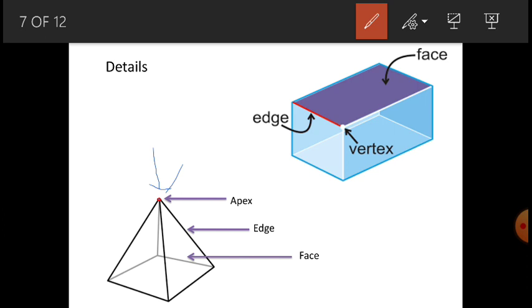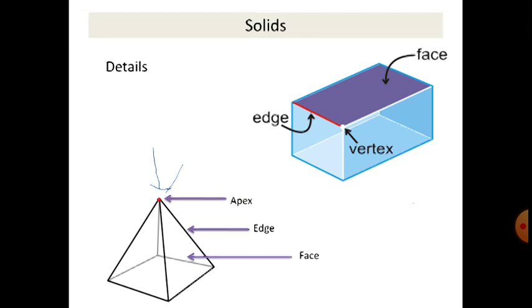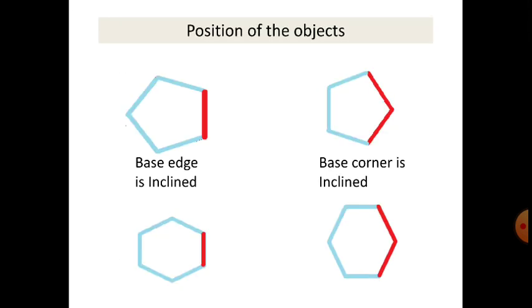These are the few details you have to keep in mind while solving the problems, because the questions will be verbal questions, so you have to understand the different terms used in the questions and try to solve the problem. We'll try to understand how the objects are positioned, because it is very important.